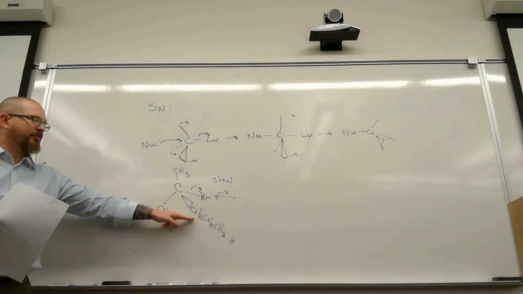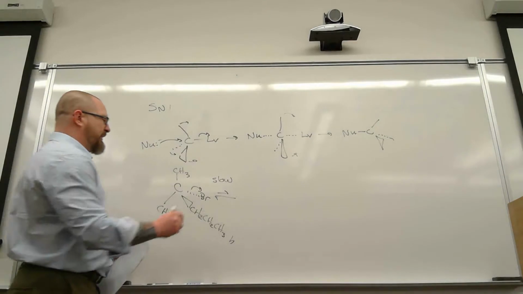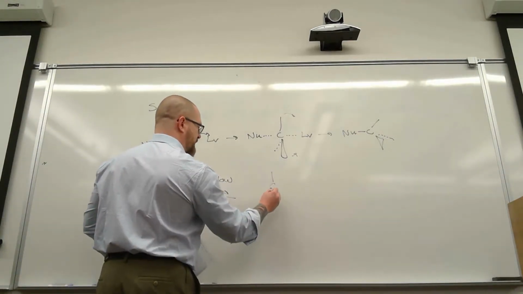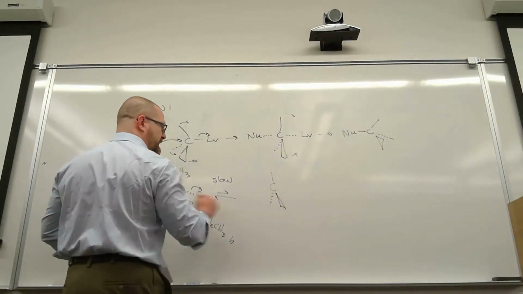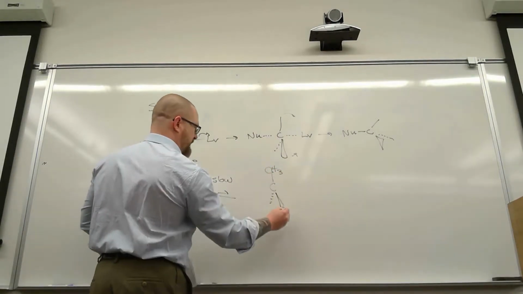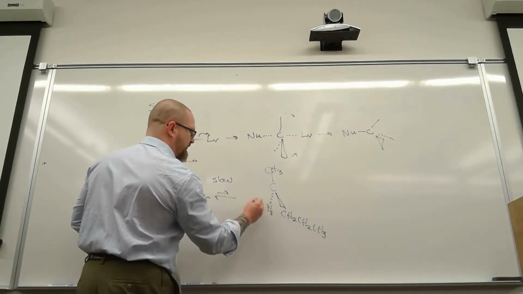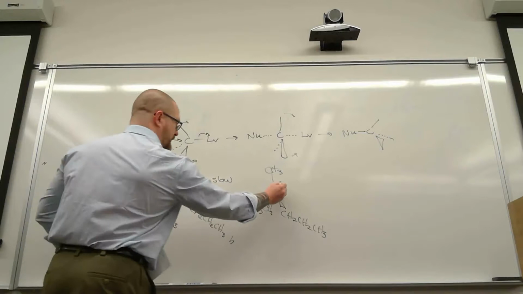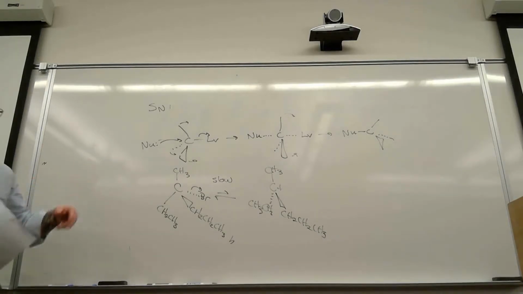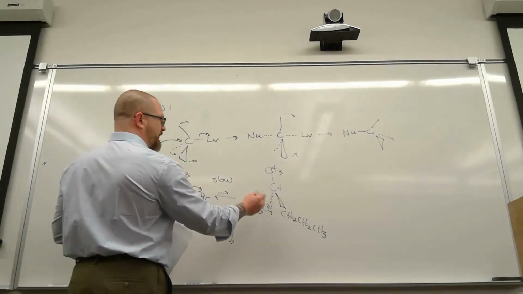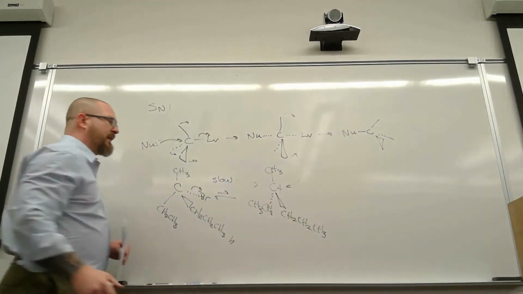We have a methyl, ethyl, and propyl group around our tertiary carbon, and the bromine's going to pop off, and that's going to give us CH3, CH2, CH2, CH3, CH2, CH3. There we go. So for our second step, our first fast step, the water can come in, and water as a nucleophile, because it's also the solvent, can attack from either side.